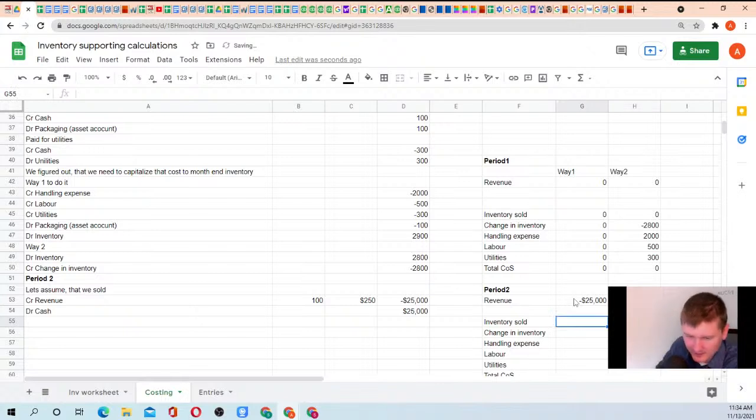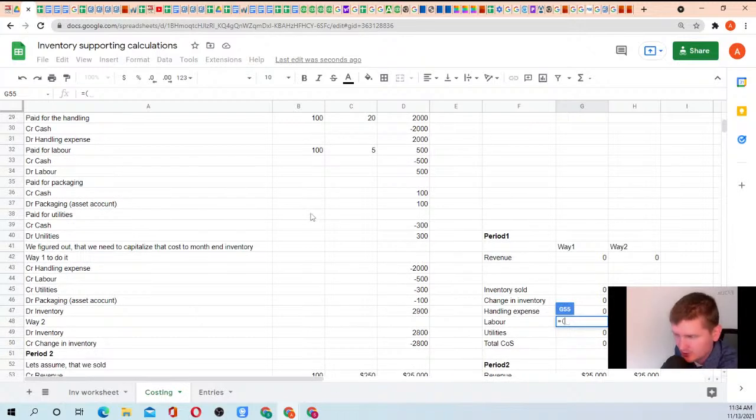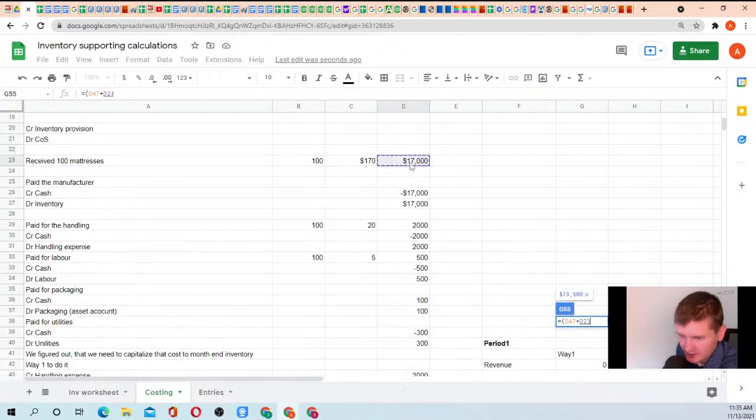Now, for inventory sold, under the first way, we just stuffed everything under inventory sold. So we take that amount, 2,900, and we also add an initial investment here.